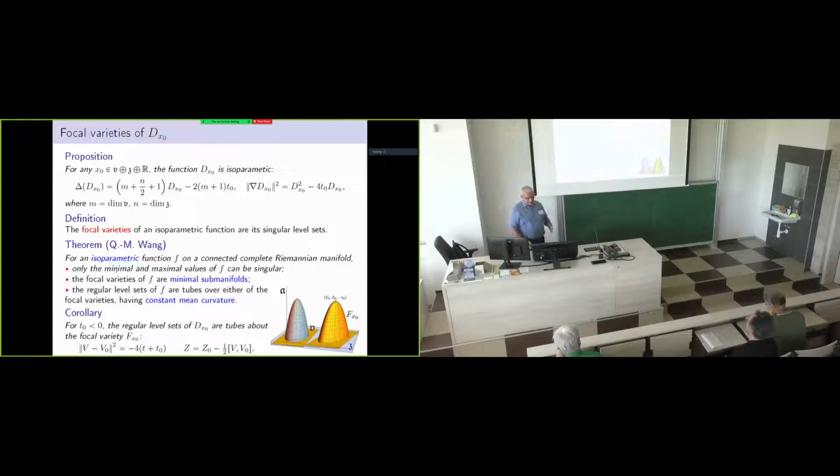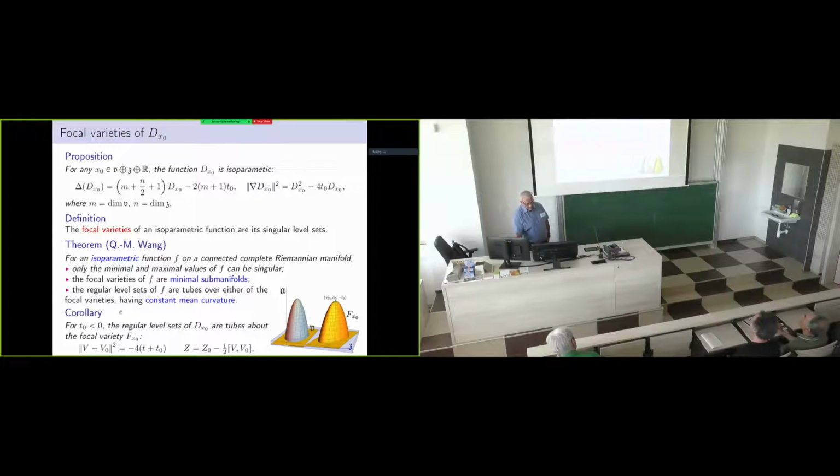then such a function can have at most two singular values, its minimum and its maximum if they exist.